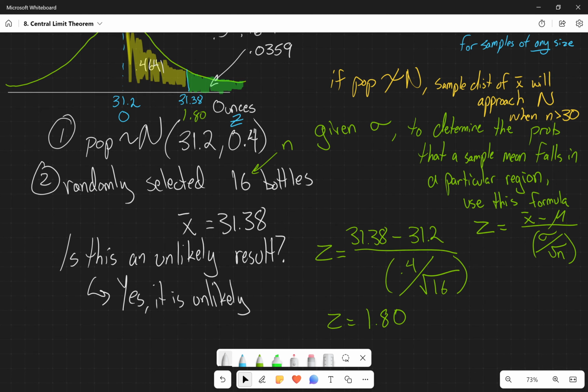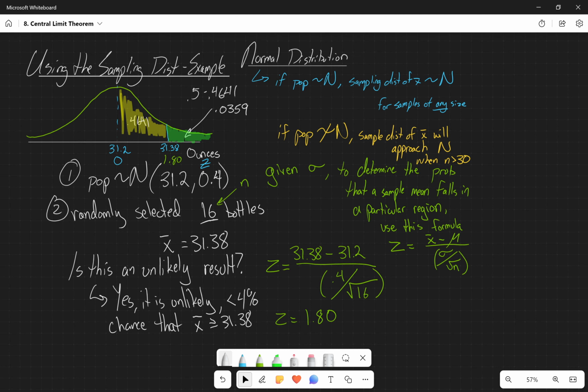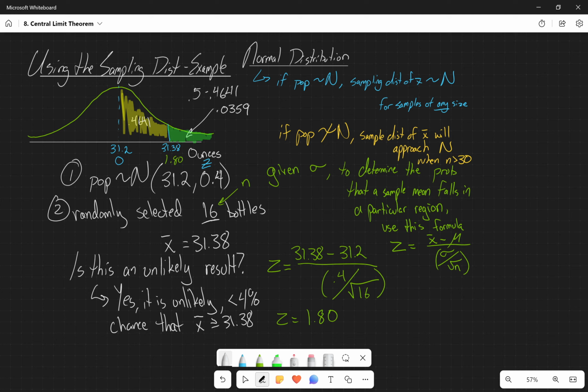A less than a 4% chance that the sample mean is equal to or greater than the 31.38 ounces that we found in that 16 bottle random sampling. Questions on this example? Excellent.